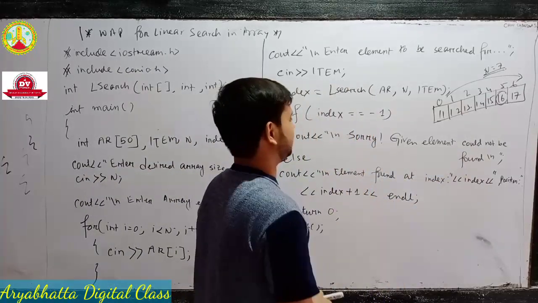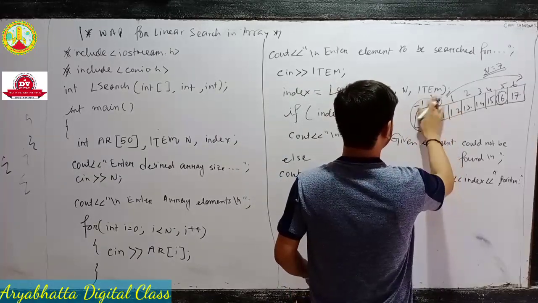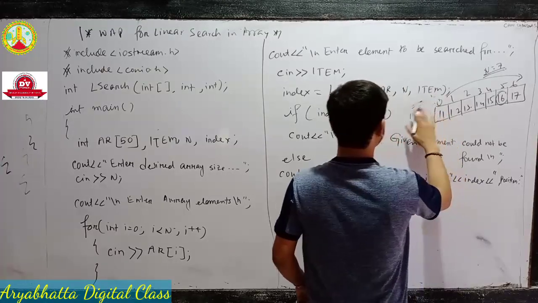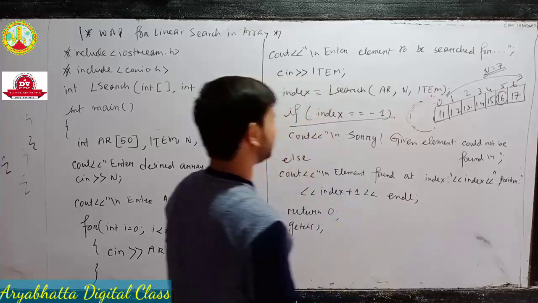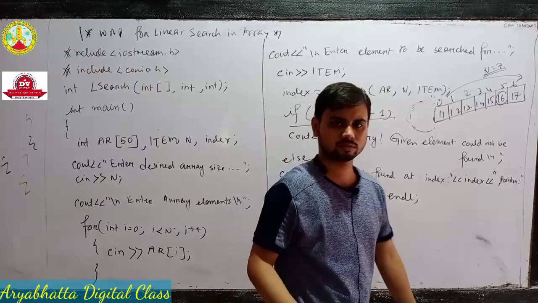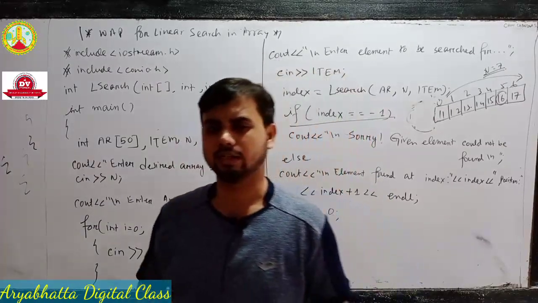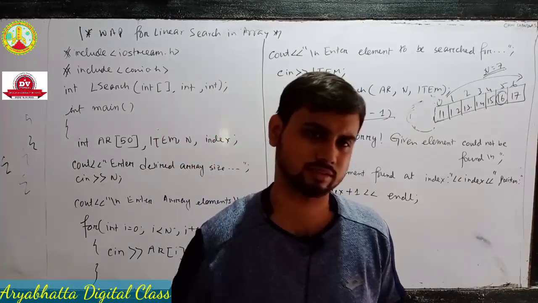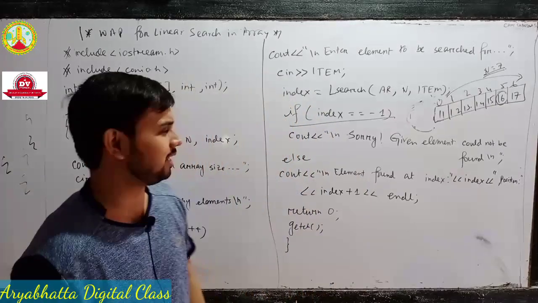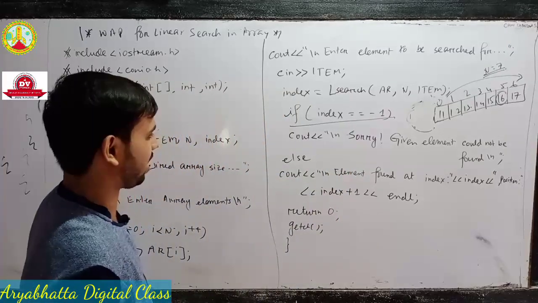Index equal to -1 means only this: your array does not exist. Suppose the array does not exist, now how can you find any element in the array? That's why we write one possible statement here: index equal to -1 means sorry, given element could not be found.